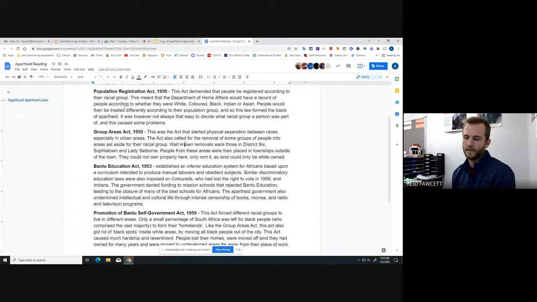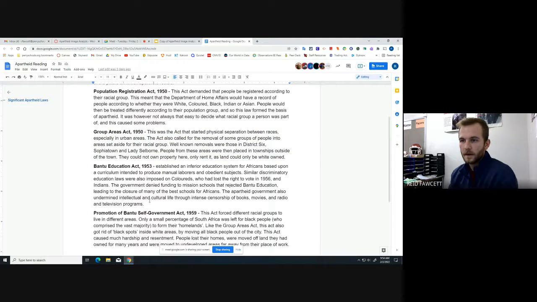And I say they, but the government will tell them what race they are. You basically have to prove your family background. In the Group Areas Act, that is when they use the information they collected with the Population Registration Act, and then they will move these people based upon race where to live in South Africa.